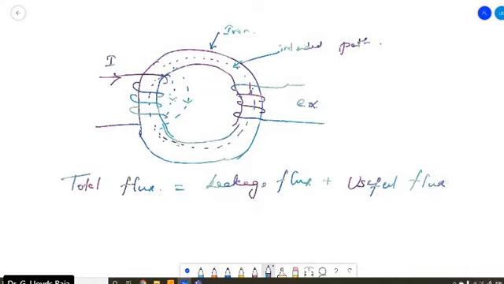So why is this leakage flux happening? In the case of an electrical circuit, it is very easy to prevent the leakage of current, whereas there is no known insulator for magnetic flux.